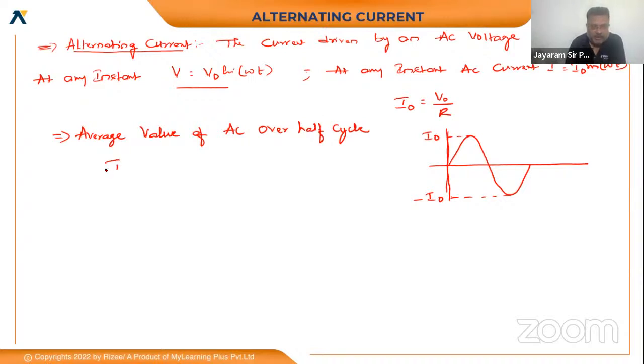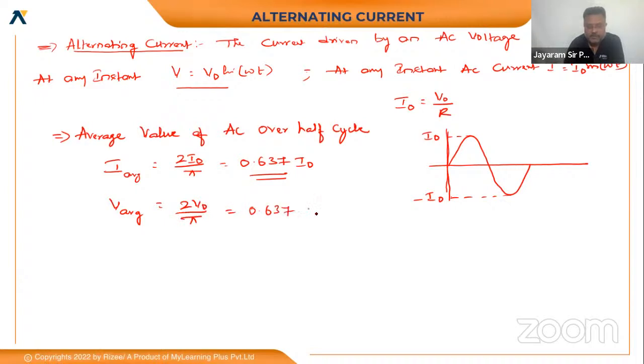So the average value is I average equal to 2 I naught by pi, which is equal to 0.637 times I naught, the peak value. For V average, the same thing can be written as 2 V naught by pi, which is equal to 0.637 times V naught.